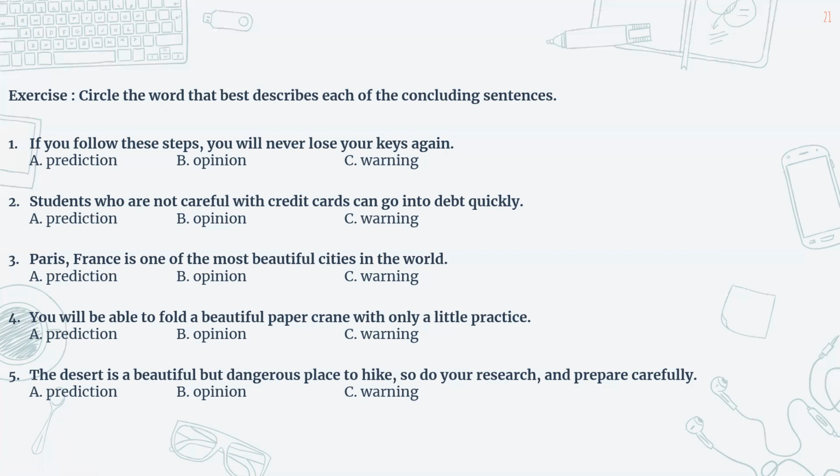You will be able to fold a beautiful paper crane with only a little practice. So this is making a prediction. Maybe you need more practice than I do. The desert is a beautiful but dangerous place to hike. So do your research and prepare carefully. So this is a warning. It's obvious. It's a warning.